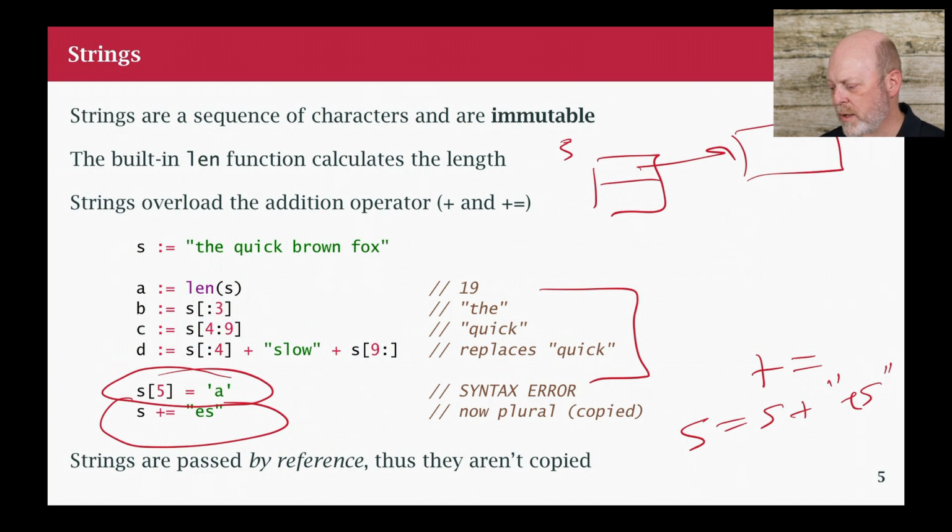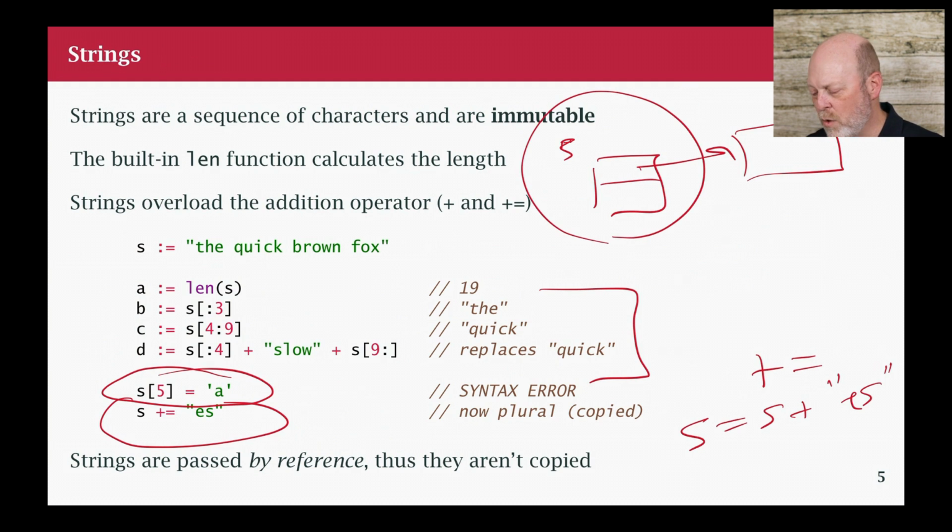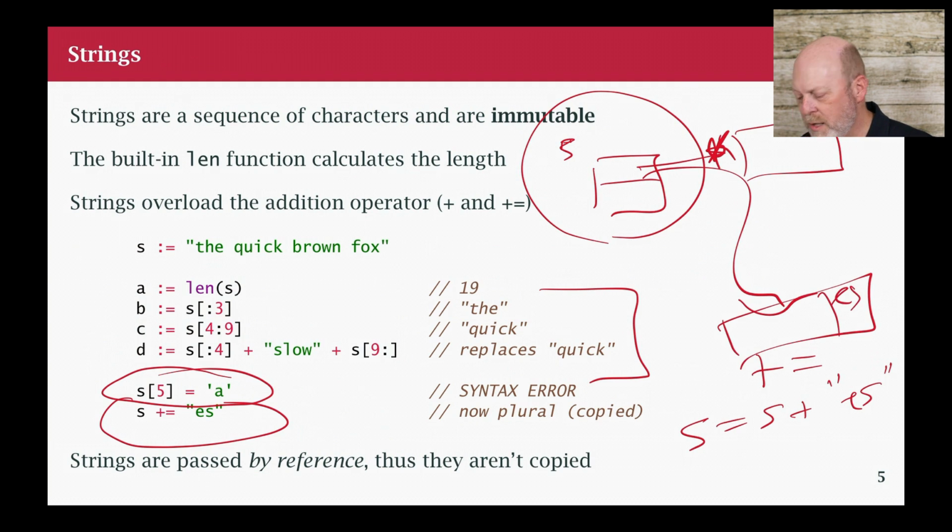Well, the answer is, remember, S itself is this descriptor, and so we're going to take the original memory of the quick brown fox. We're going to create a new chunk of memory that's a little bit bigger. We're going to copy the quick brown fox into the new one. We're going to add the letters E and S at the end, and S is going to get changed to point to this new block of memory that has E and S at the end.